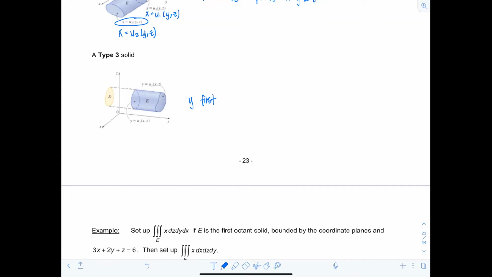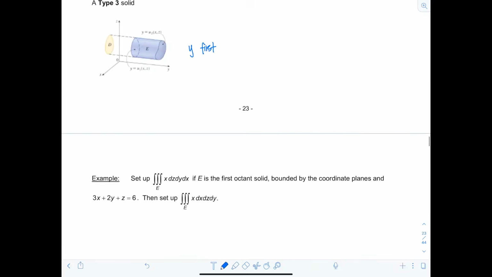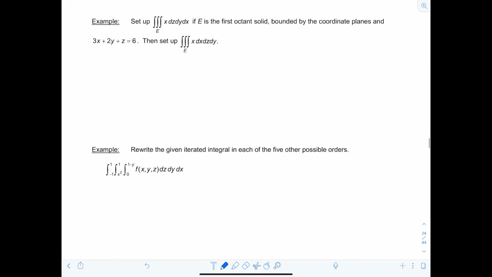All right, now let's dive in and look at some examples. So set up the triple integral over E of x dz dy dx if E is the first octant solid bounded by the coordinate planes and this plane here. And then they want us to set up another triple integral, and this time you see the order of integration switched around.